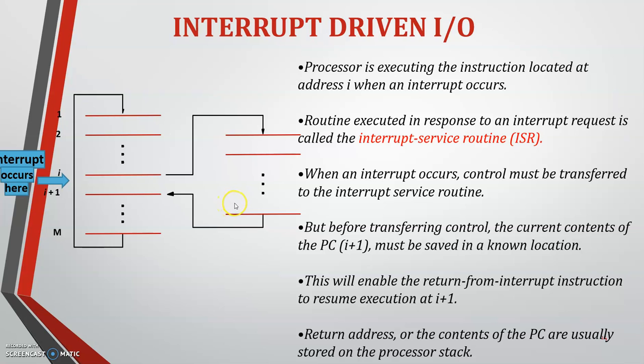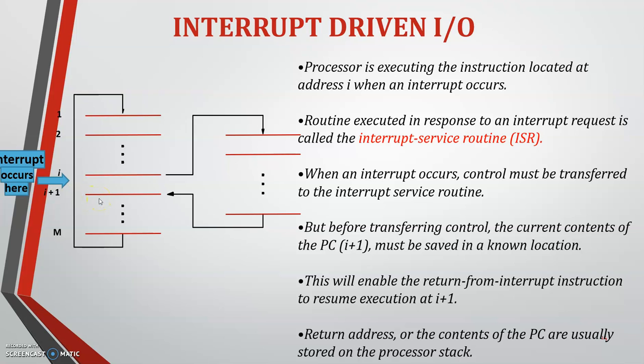But before transferring the control, the content of the program counter, that is the next instruction to be executed, I plus 1, must be saved. So when executing the ith instruction, the interrupt occurs. After coming back from the interrupt, the processor needs to execute the instruction I plus 1 in the location I plus 1. So this must be saved to a known location.